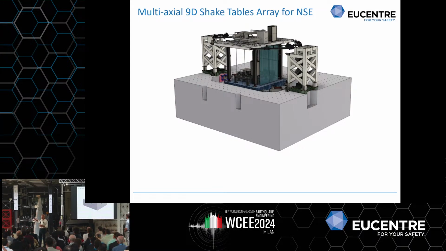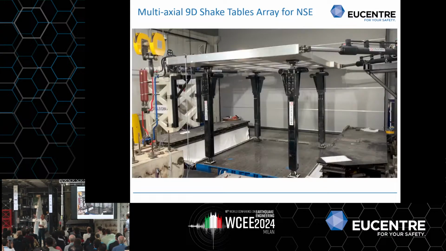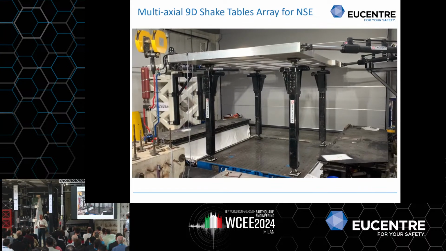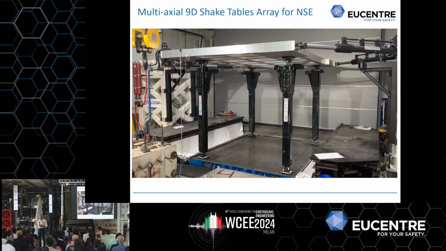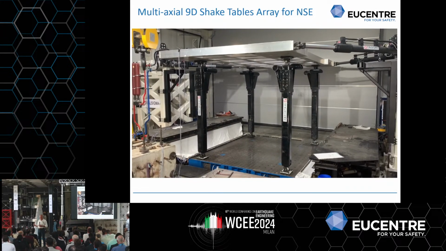The purpose is essentially to be able to reproduce any couple of floors at any height of building without reproducing the building. So the purpose is essentially to test non-structural elements.